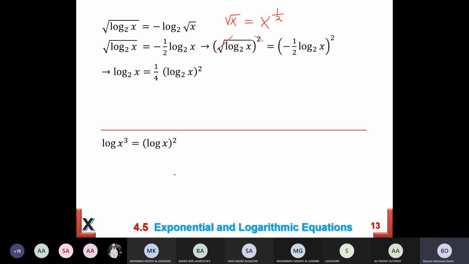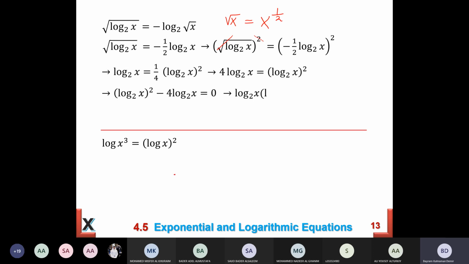And then just multiply both sides by 4, right? And if you move the 4 logarithm x with base 2 to the other side, you will get logarithm x square minus 4 times logarithm of x equals 0. Something looks like a quadratic equation, Shabab. And clearly here, logarithm x is a common factor.